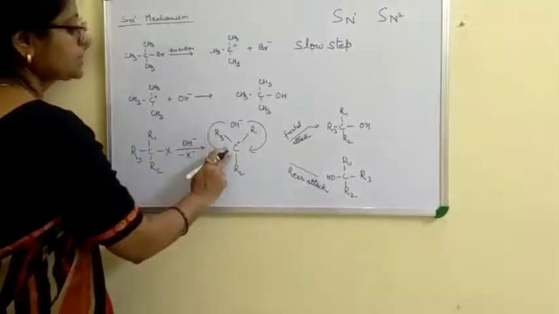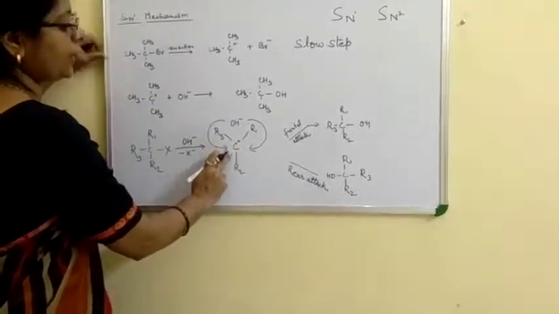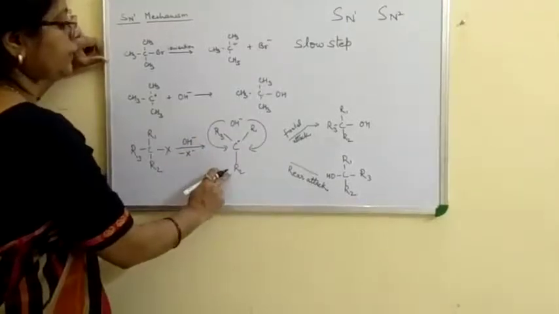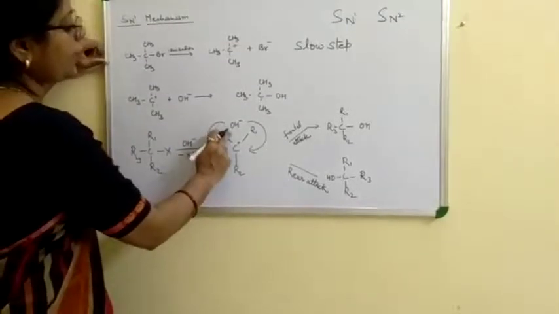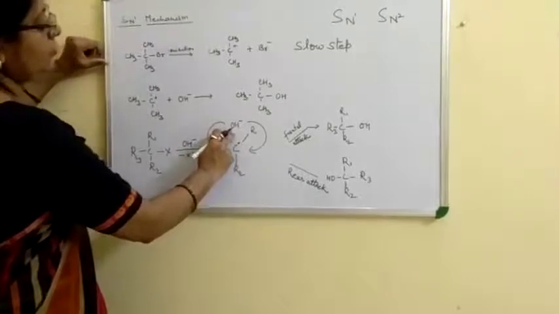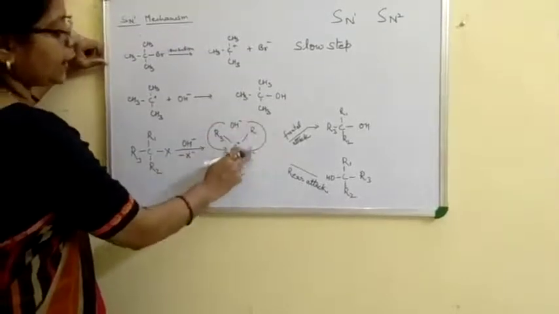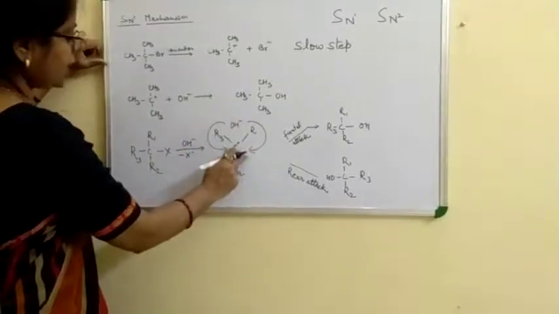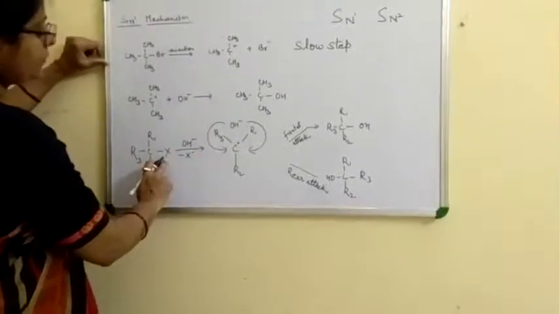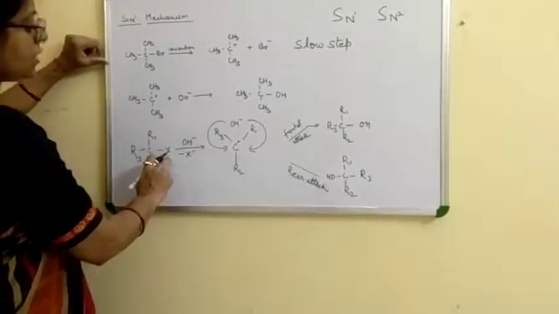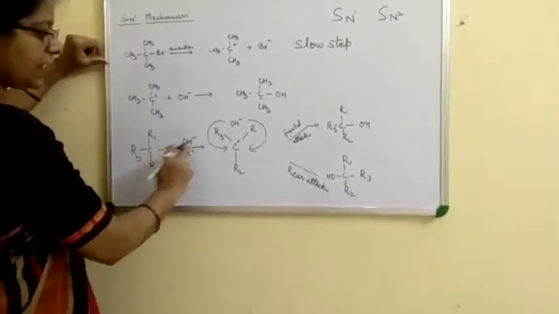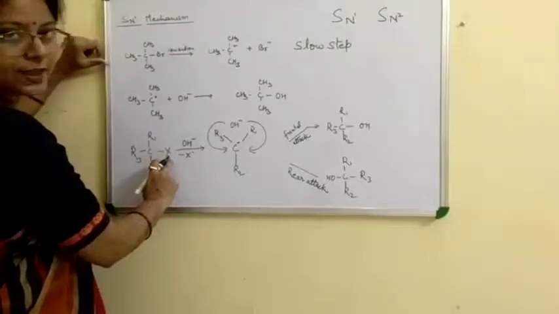As this is the tertiary carbocation, R1, R2 and R3 are the 3 alkyl groups. The nucleophile hydroxyl group can attack from 2 sides. Either from the front side, where the leaving group or halide is attached, that side is known as the front side.